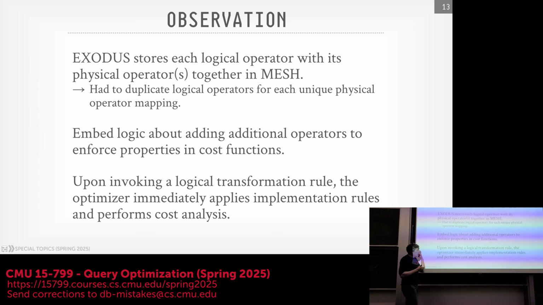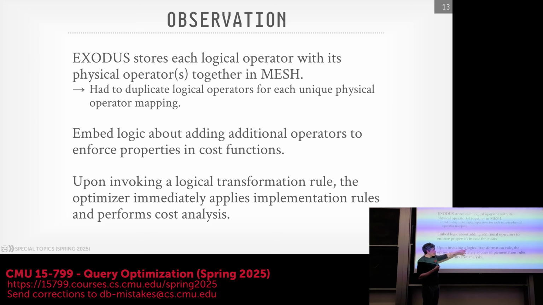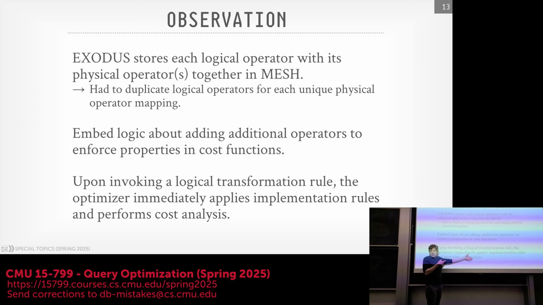And as I said, as soon as Exodus applies a logical transformation rule, it then immediately applies all the implementation rules and basically explodes out the search space, even though some of these transformations in the implementation rule may not actually be a good idea.